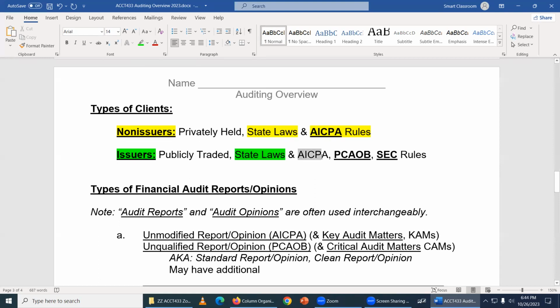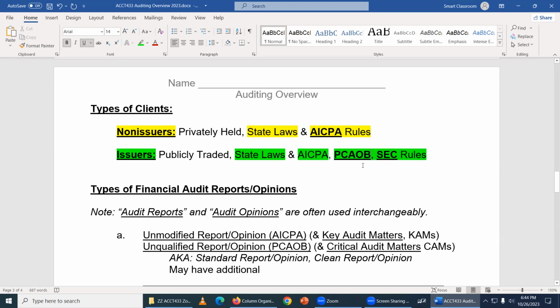They still have the AICPA rules they have to follow. But they also have two more, and that is the PCAOB and the SEC. And PCAOB is part of the SEC. They kind of split up the stuff a little bit. Basically, the PCAOB is more like the auditing, the reporting part of it, and the SEC is more of the accounting, but it kind of gets blurred a little bit.